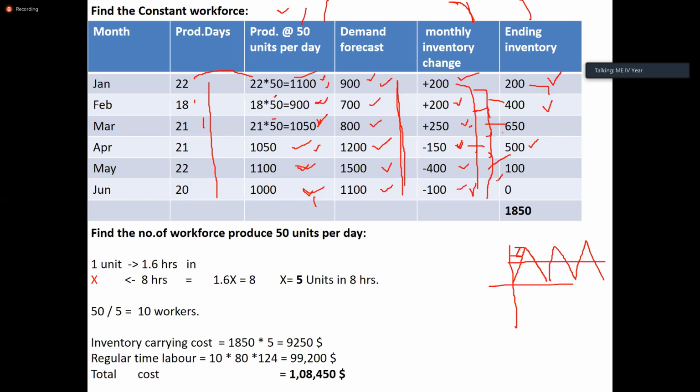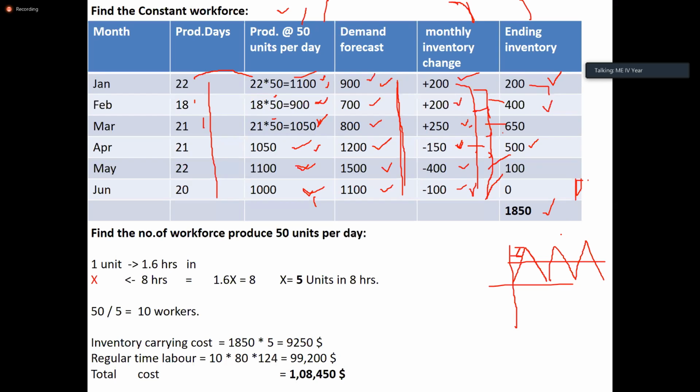You go to the inventory warehouse and take that 100. Finally, when you see the warehouse, there is 0. But you can see the total inventory, how much you calculated you are maintaining: 1850.